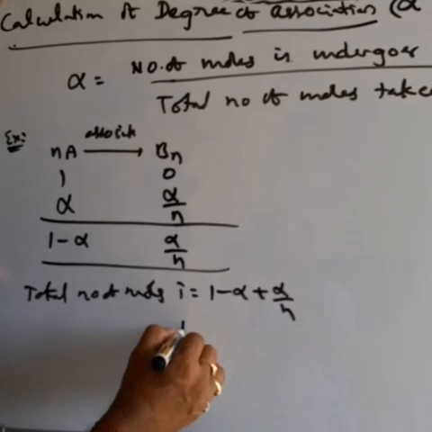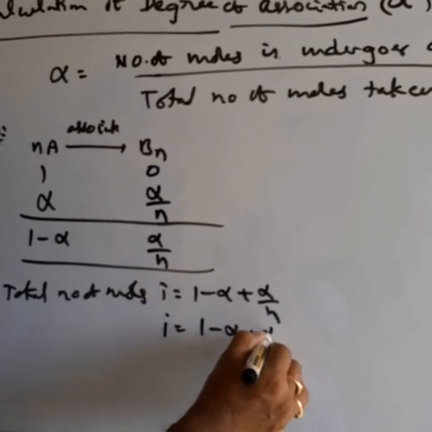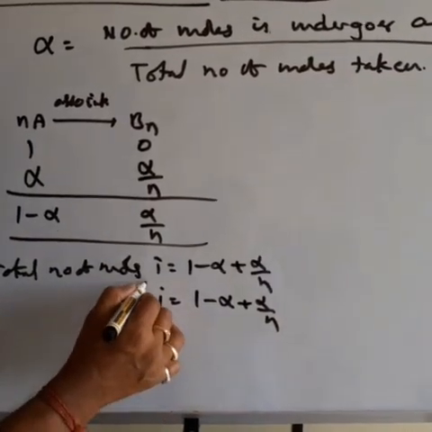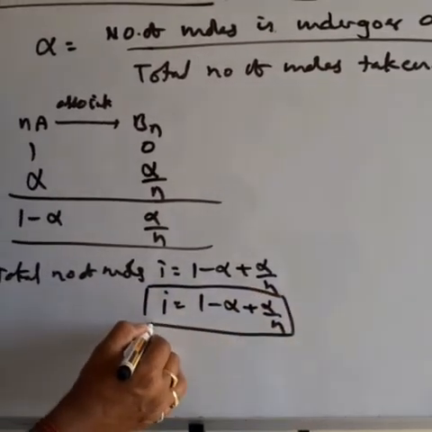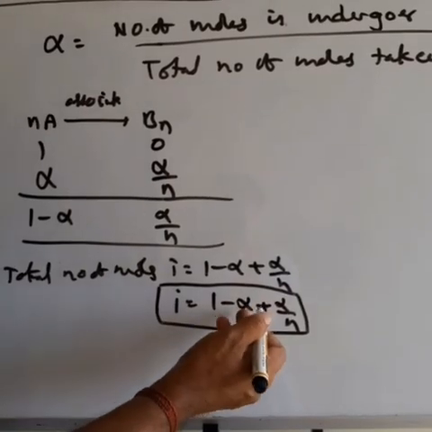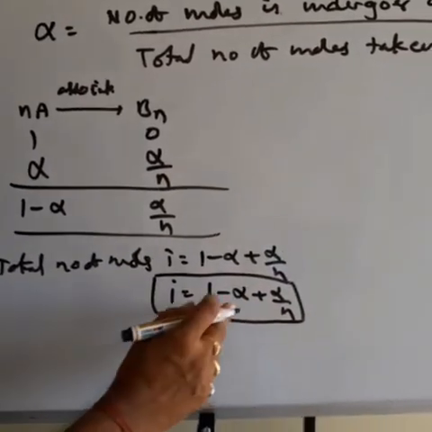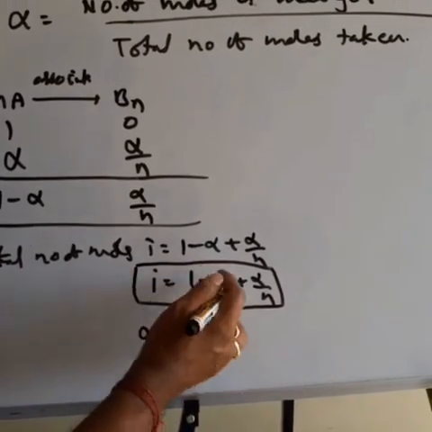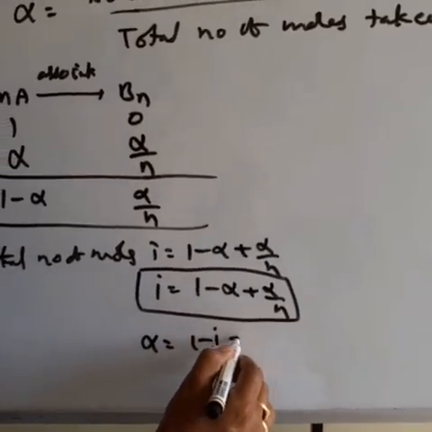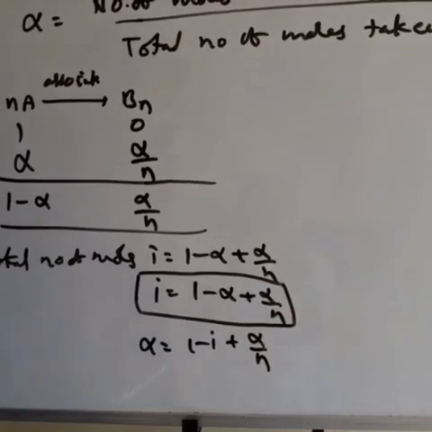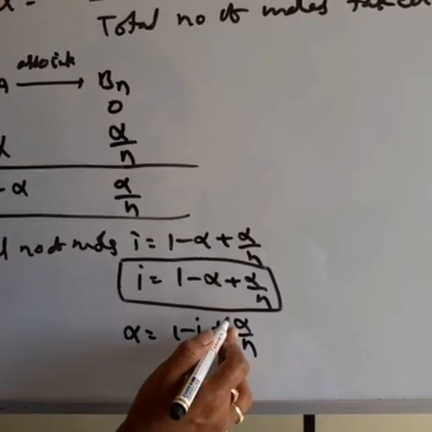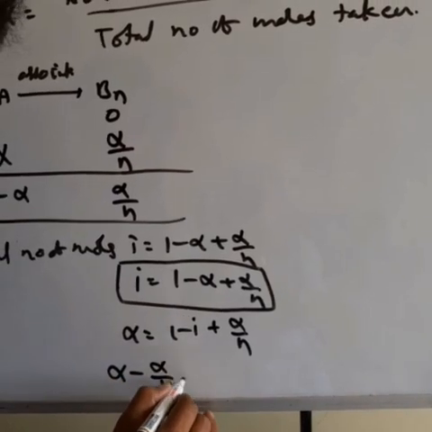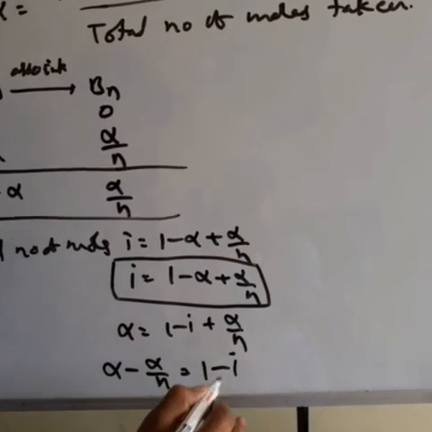From this, i is equal to 1 minus alpha plus alpha by n. So this is the i value to calculate for the association. From this we have to find the degree of association. Then minus alpha goes to the other side as plus alpha, plus i becomes minus i. 1 minus i is equal to alpha minus alpha by n. Take alpha common: alpha into (1 minus 1 by n) is equal to 1 minus i.